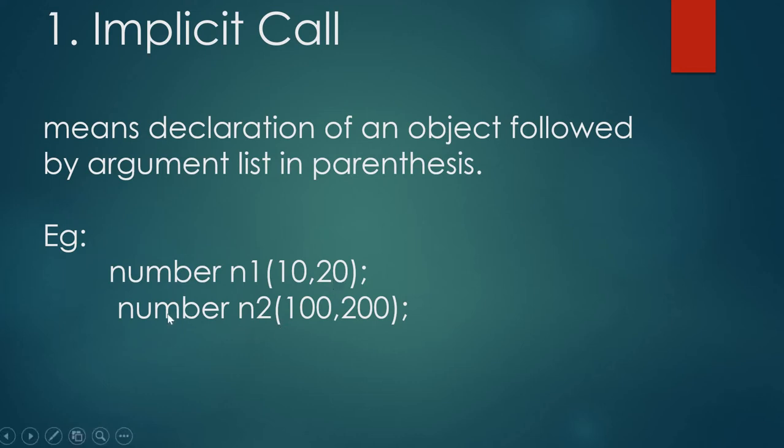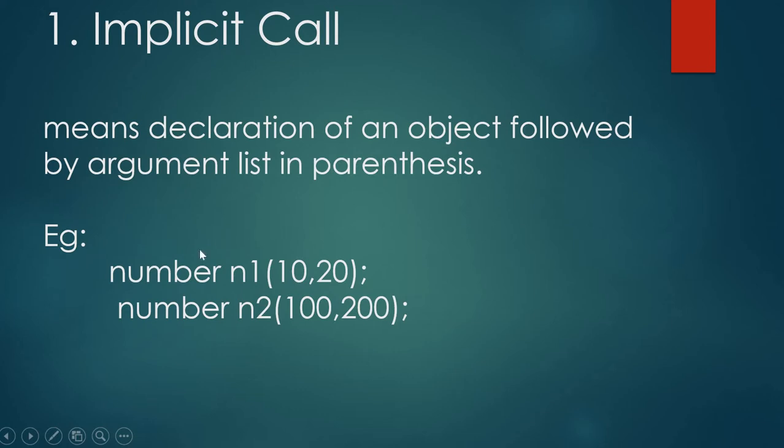See the second example, number n2 100, 200. Here 100 and 200 are the arguments. Here number n2 is the declaration of the object, followed by arguments in bracket or parenthesis.